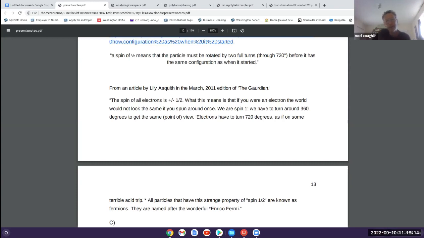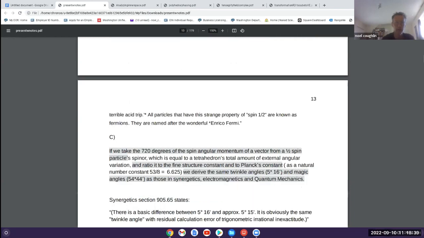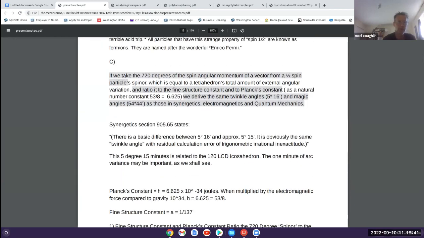What this means is that if you're an electron, the world will not look the same if you spun around once. We are spin 1. We have to turn around 360 degrees to get to the same point of view. Electrons have to turn 720 degrees, as if on some terrible acid trip, says Enrico Fermi. All particles that have this strange property of spin 1/2 are known as fermions, such as protons, electrons, quarks.